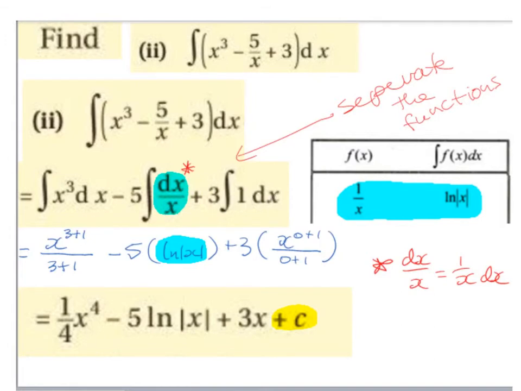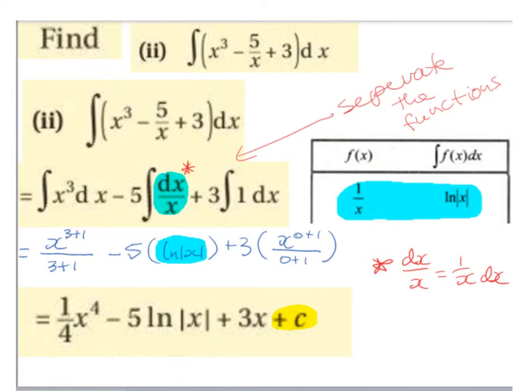So again, we brought the constants outside, so the minus 5 came in front of the integral, and the 3 came in front of the integral, because minus 5 multiplied by dx over x is actually minus 5 over x dx, and 3 times 1 dx is really 3 dx. So we've taken the constant out in front of the integrals. And just to note, dx over x is the same thing as 1 over x dx. So it's just writing it a different way.